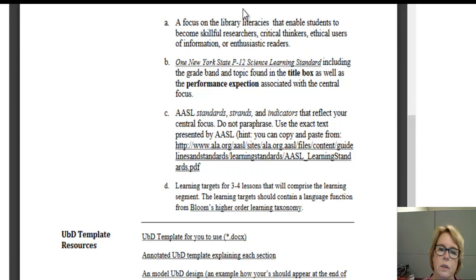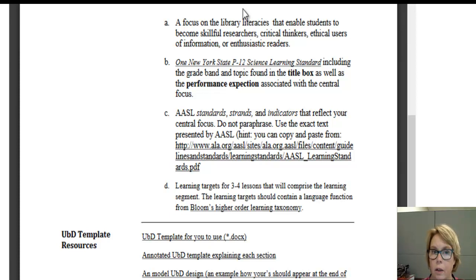All right, so you're going to define your segment title, your central focus. You're going to align it to your AASL standards, your New York State science standards, and I also want you to include what is referred to as a language function associated with your objectives.